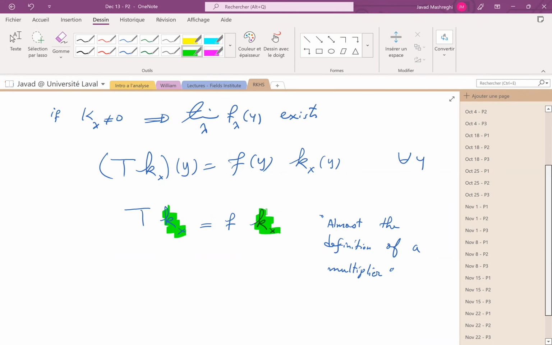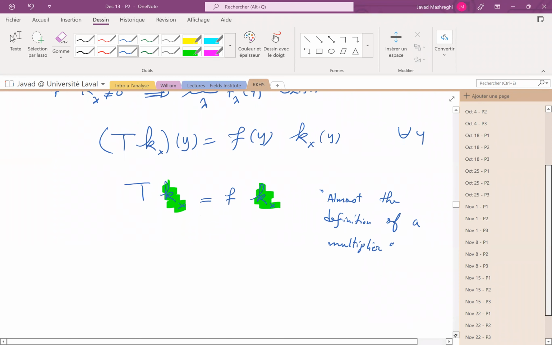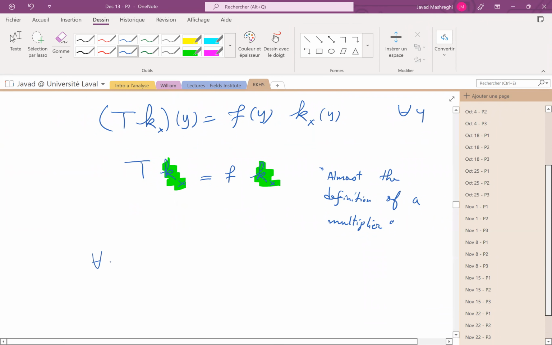But now we use the fact that T is a bounded operator. For any h in the space H1, there is a linear combination of these multipliers which is close to h. I mean, we can call it hn.